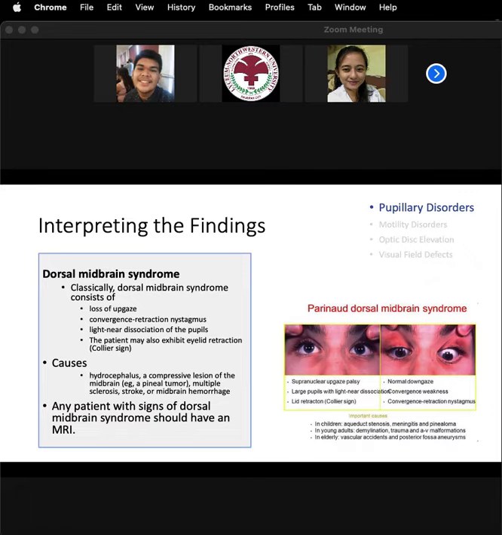This dorsal midbrain syndrome can be caused, in children, by aqueductal stenosis, meningitis; in young adults, by trauma, maybe contusion; in the elderly, by vascular strokes, aneurysms.